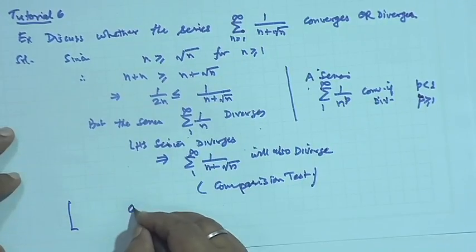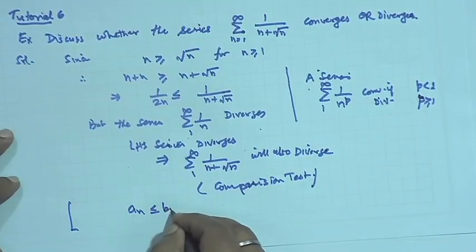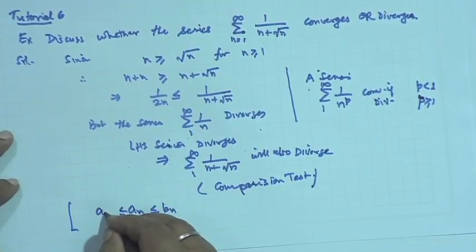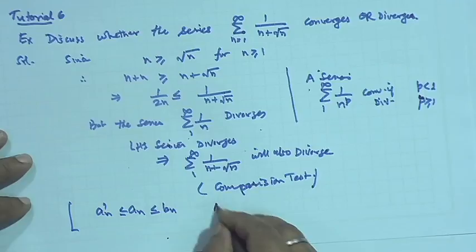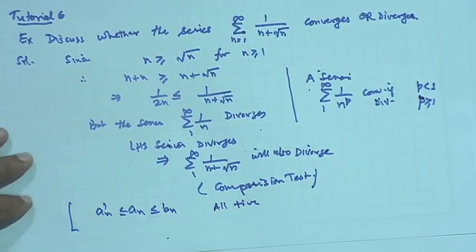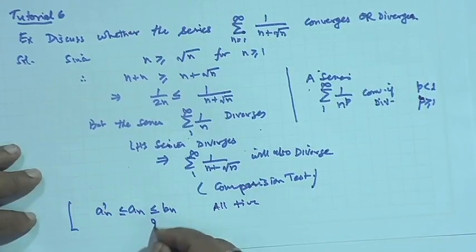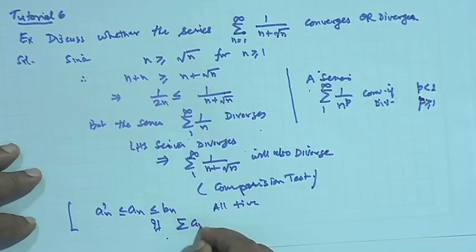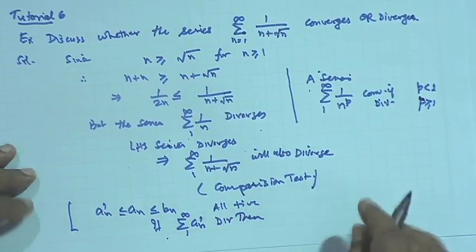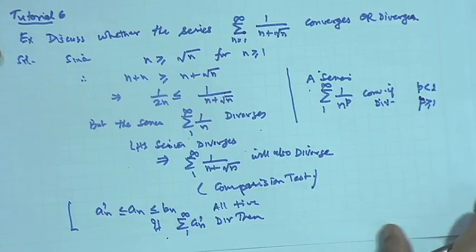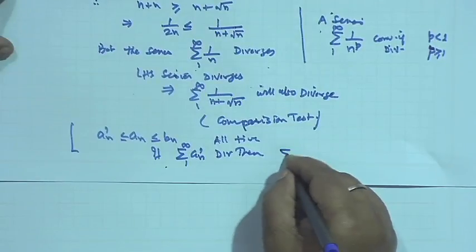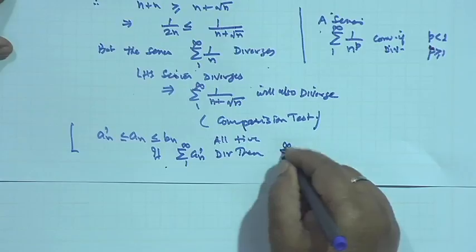And basically the test is like this. Suppose a n is less than or equal to b n, and all positive, then if the series sigma a n diverges, then sigma of b n will diverge.